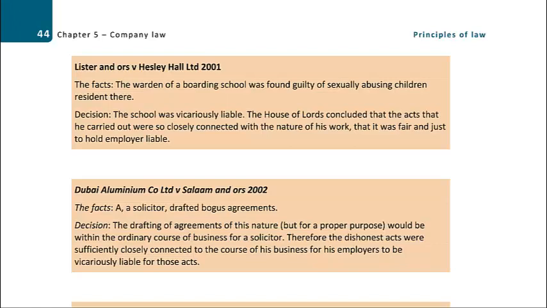They employed him to look after the children. The courts looked at all the facts and they said, yes, the school was vicariously liable because his job was to have such a close relationship with the children, to look after them on a day-to-day basis, that this was so closely related that it was reasonable for the employer to be liable.